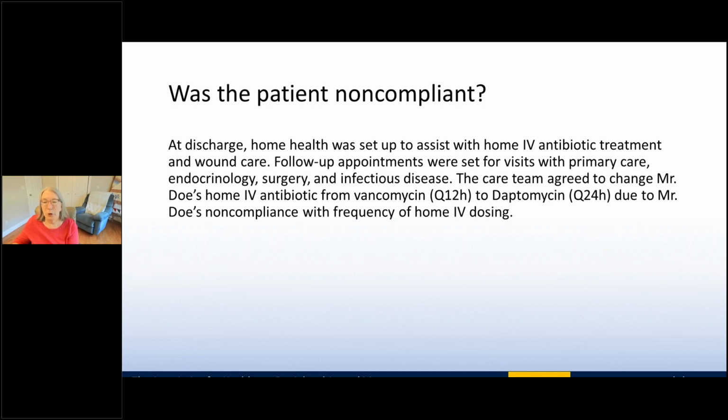The care team agreed to change his home IV antibiotic from vancomycin every 12 hours to daptomycin every 24 hours because he had been non-compliant with the frequency of the home IV dosing. So you can see where the team was really working to accommodate Mr. Doe in getting a home health plan, a discharge plan that was going to work for him. Okay.